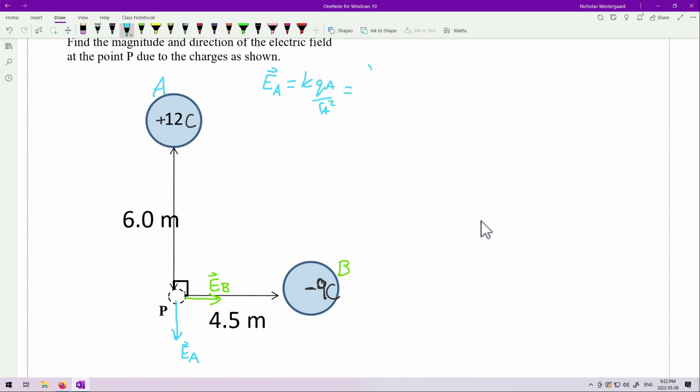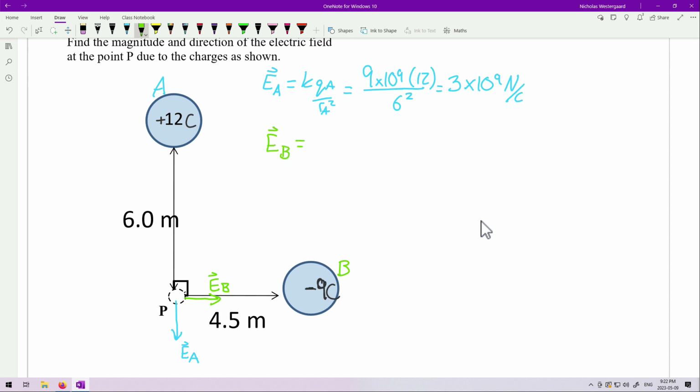So it's going to be 9 times 12 over, K isn't 9, K is 9 times 10 to the 9, times 12 over RA, which is 6 squared. 6 squared is 36. 12 over 36 reduces to 1 over 3, so this is going to be 3 times 10 to the 9. So we have 3 times 10 to the 9 newtons per coulomb as the unit for EA.